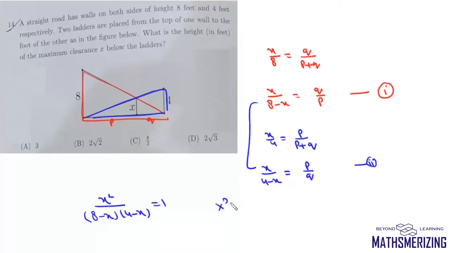So we'll get x square equals x square minus 12x plus 32. Now this x square will cancel. So the value of x will be simply 32 by 12, which is 8 by 3, and that's your option C.